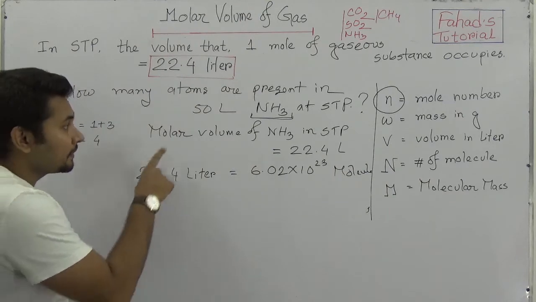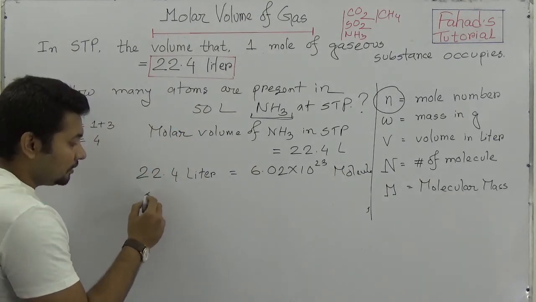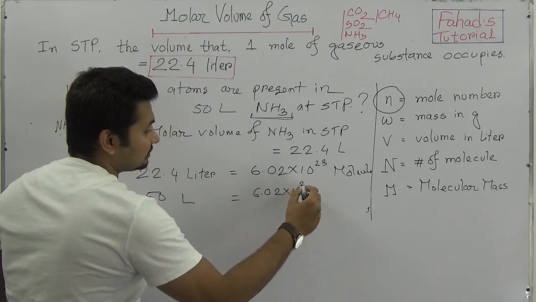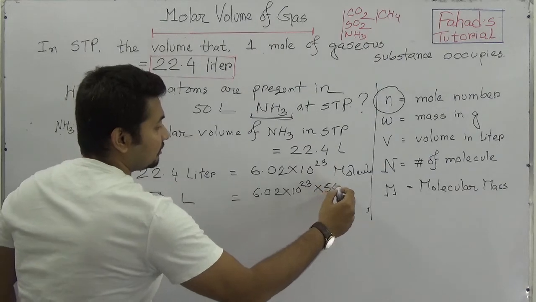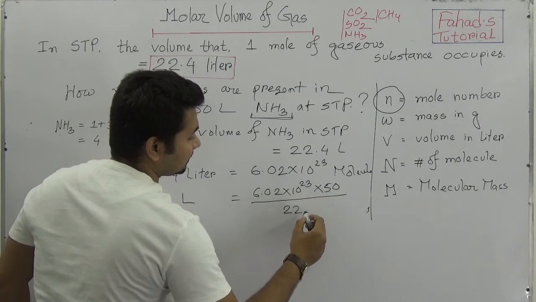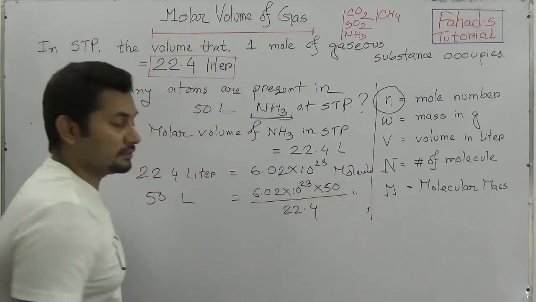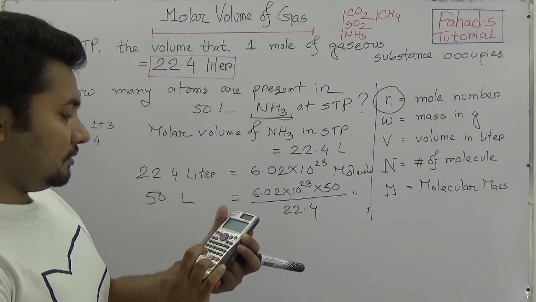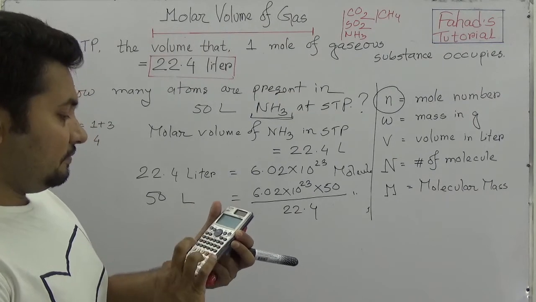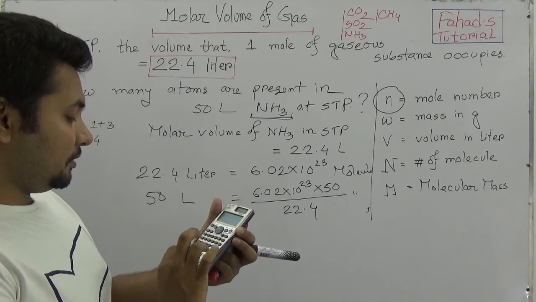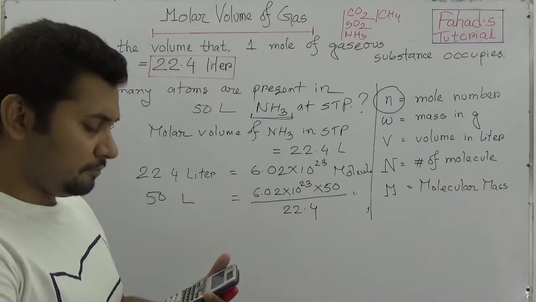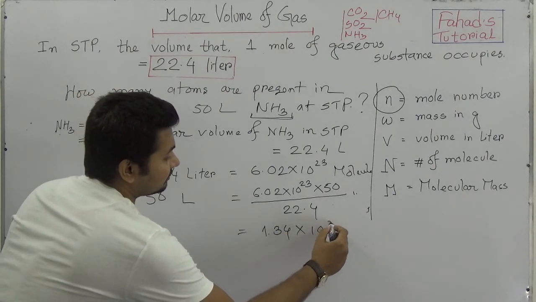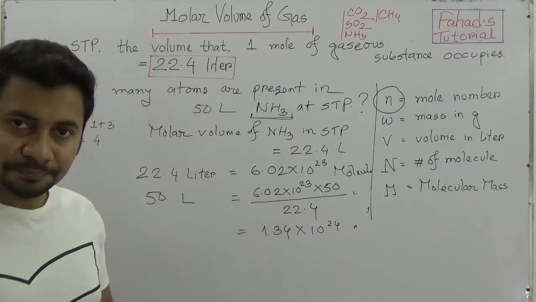So 50 liter will contain 6.02 times 10 to the power 23 times 50 upon 22.4 molecules, which is 1.34 times 10 to the power 24 molecules.